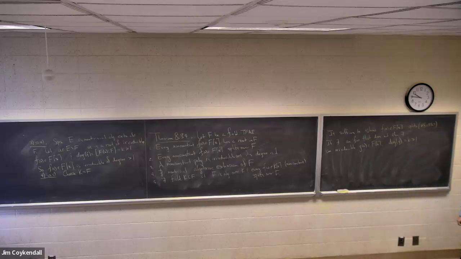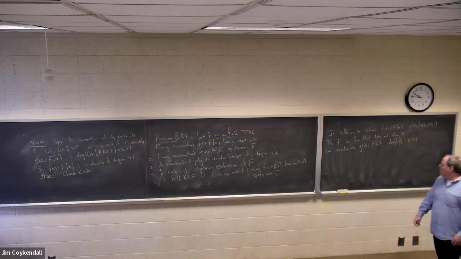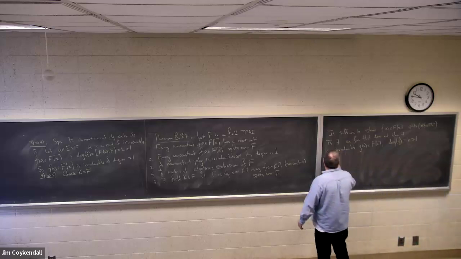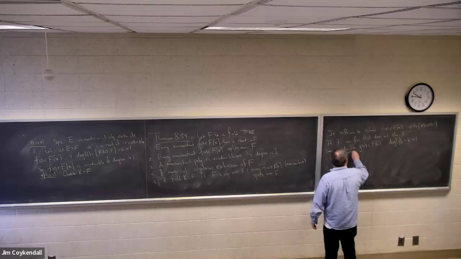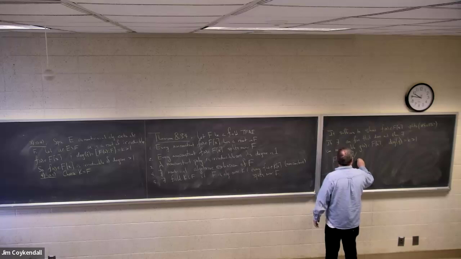So if there's some polynomial that doesn't split completely, it has to have an irreducible factor. Call it g, of degree bigger than 1. And notice that F can be construed as a subfield of F[x]/(g(x)).